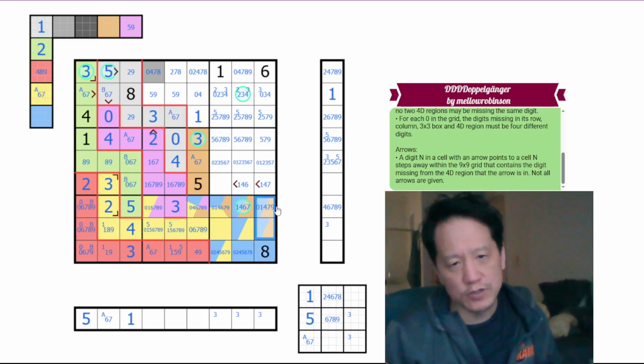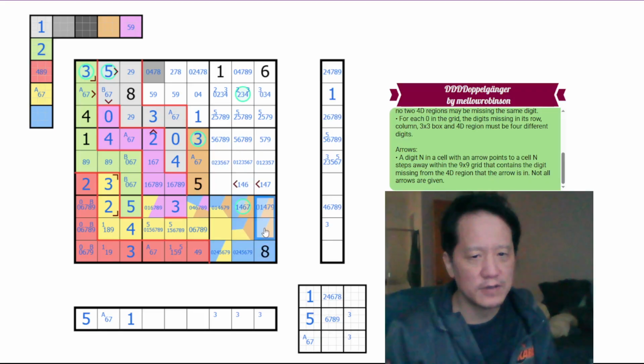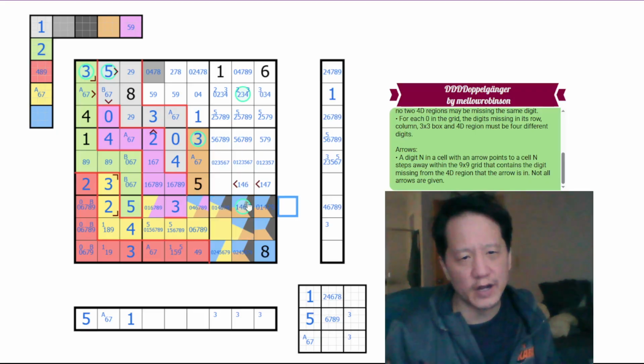Technically, orange could get to here. Could get to here, maybe. But if it gets to here, it blocks off blue. But I guess blue could go that way, technically. I don't know. Probably not, actually. I don't know. We'll make these blue-black as possibilities.